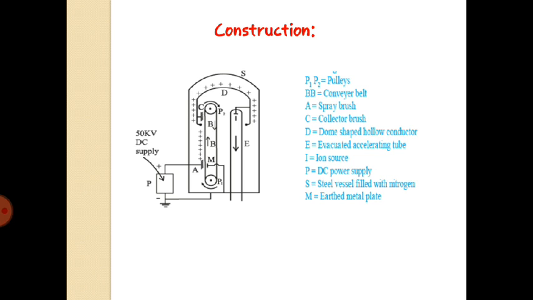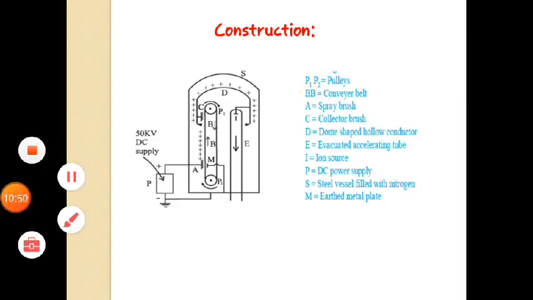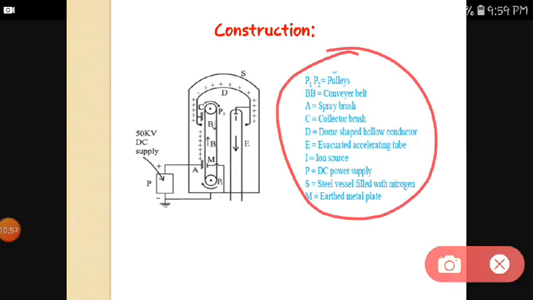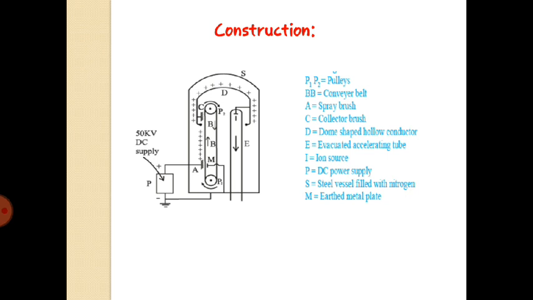When you draw the diagram, you have to draw it very neat and clear, name all the components, and also write the labels as it is written over here. Only this will give you full marks for the diagram. So let us see what exactly the diagram says.